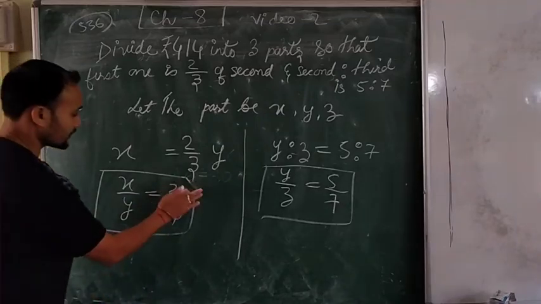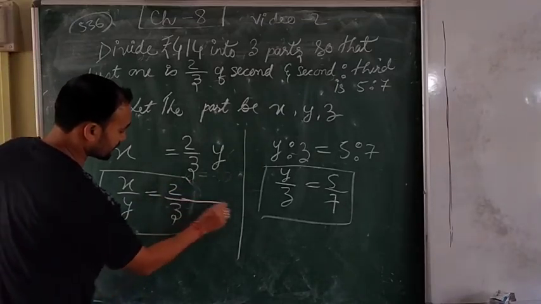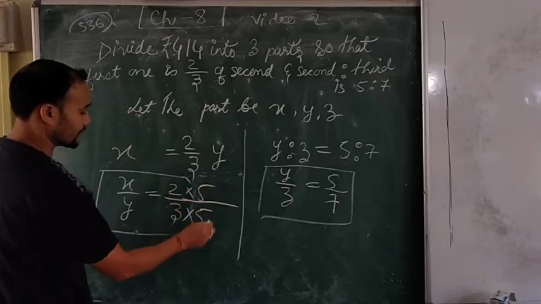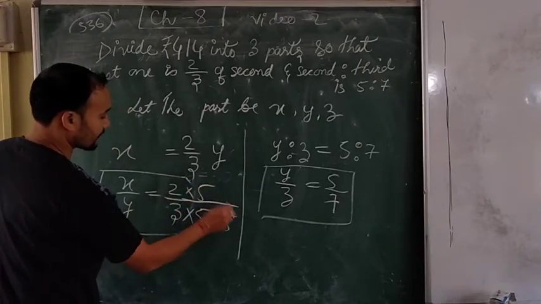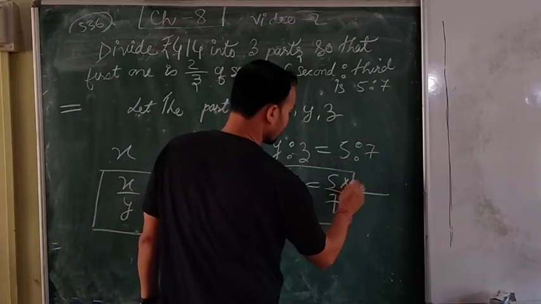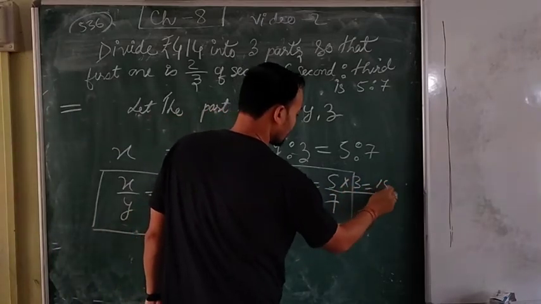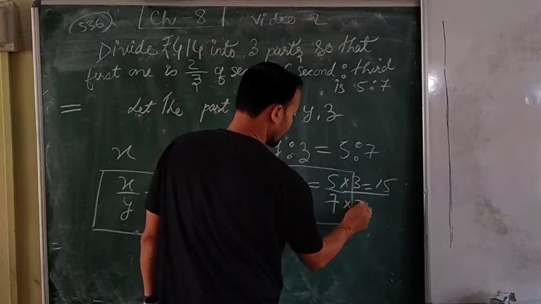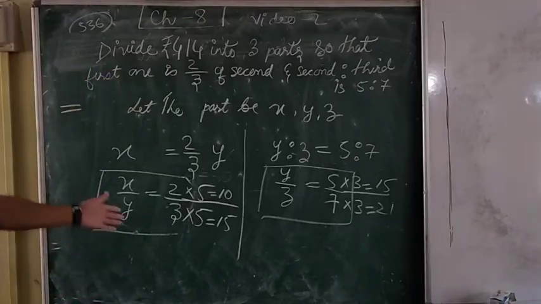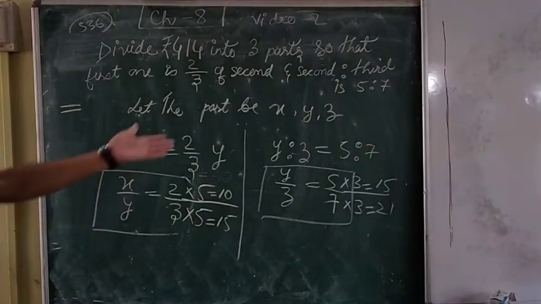Simply multiply with 5 here, and 5 here too. 2 by 3 becomes 10 by 15. Here multiply with 3, so 5 becomes 15 and 7 becomes 21. Now in both the terms the value of Y is the same, 15, 15.